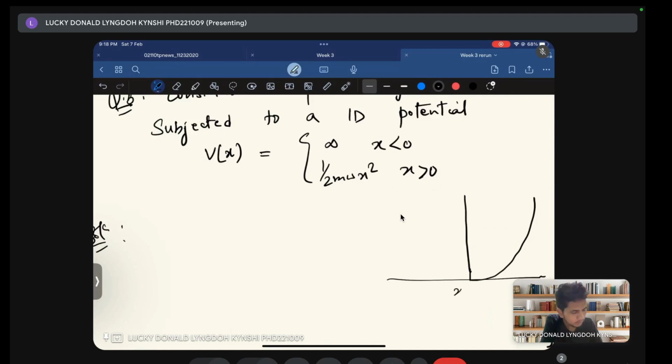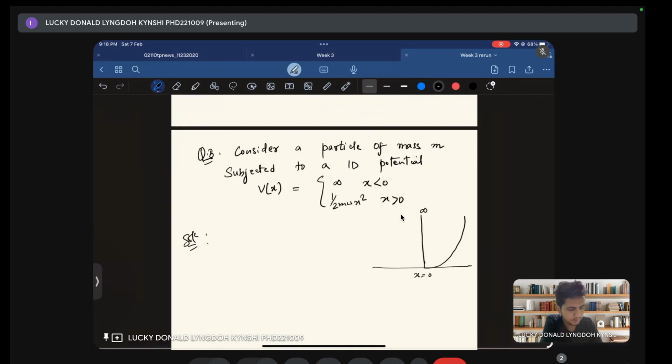Because at x equal to 0, you have infinity. In the simple harmonic oscillator, you have half of m omega square in both directions. But here, only in one direction do you have the term half of m omega square, because on the other side, x is less than 0, your potential is infinite.